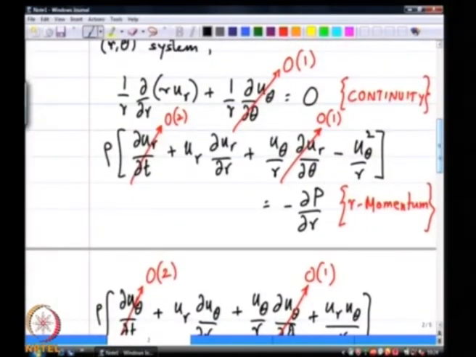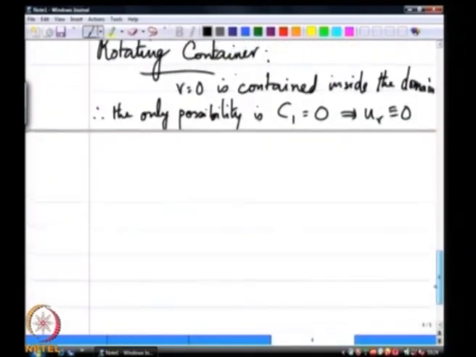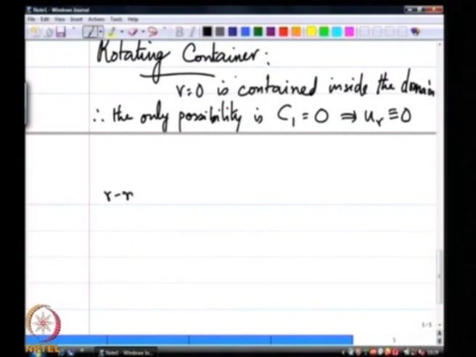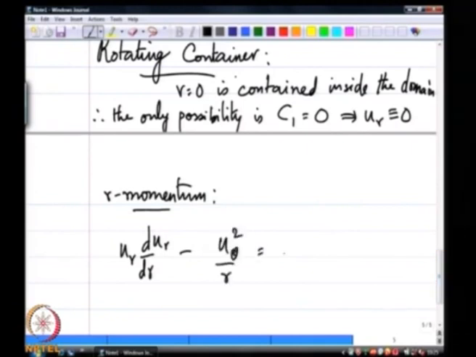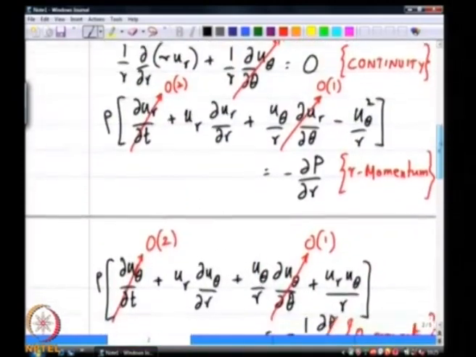Now, if I go to the r momentum equation, what I have, these are the only two surviving terms.